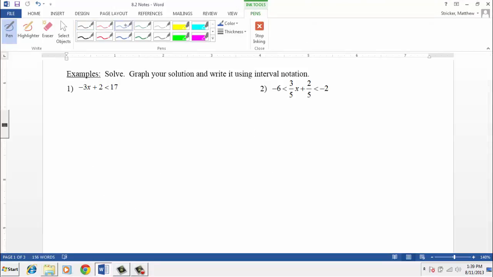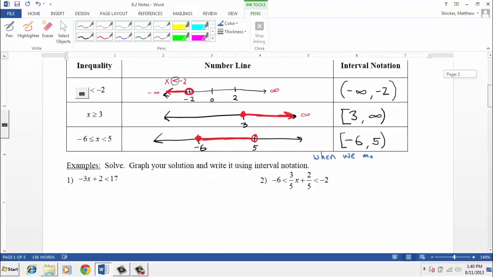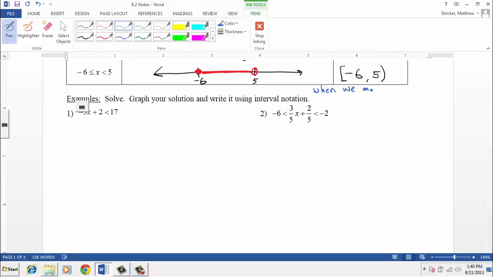One little reminder before we get started, and that is that when we multiply or divide by a negative, the orientation of the inequality sign switches direction.